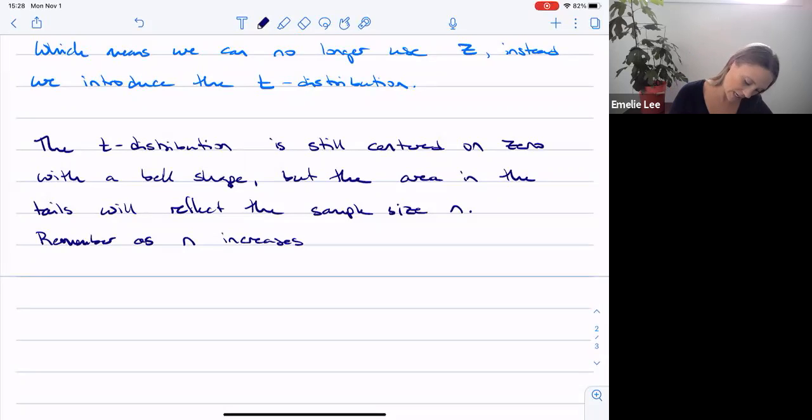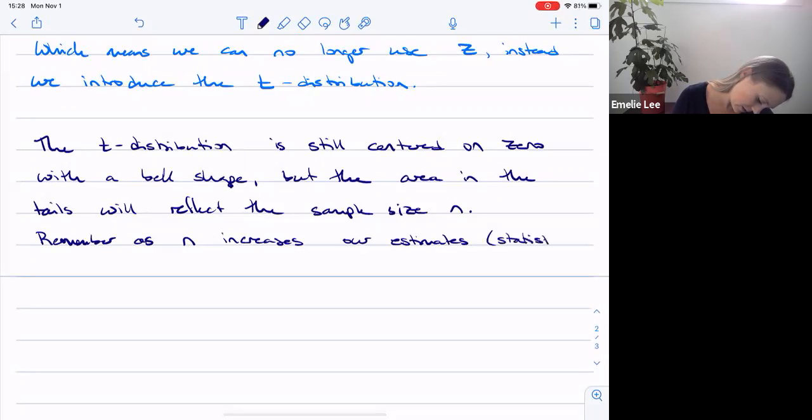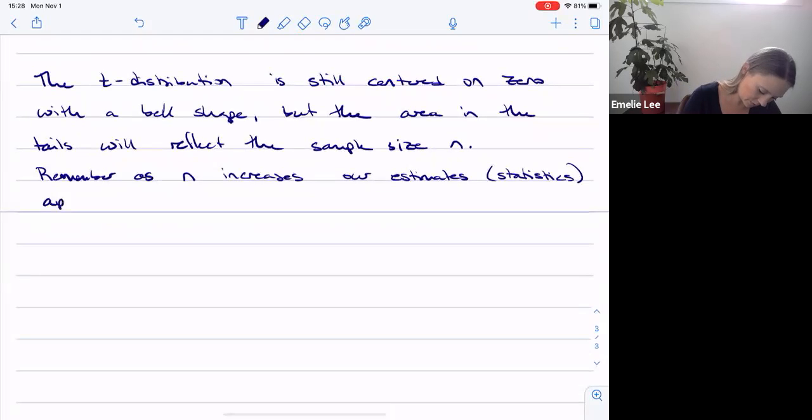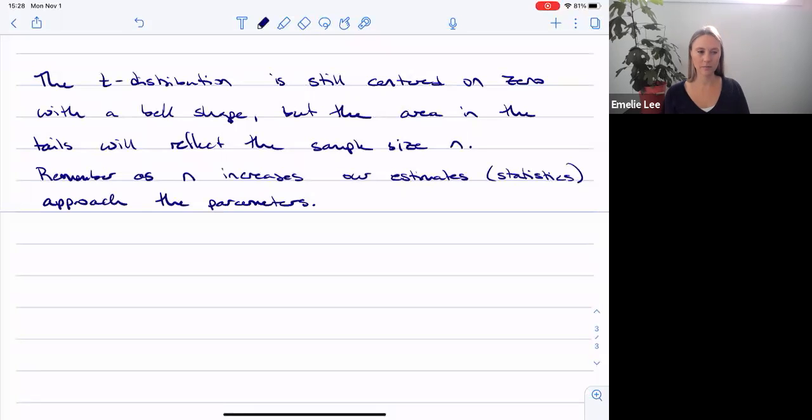So as n increases, our estimates, or our statistics, approach the parameters, so they become stronger estimates.